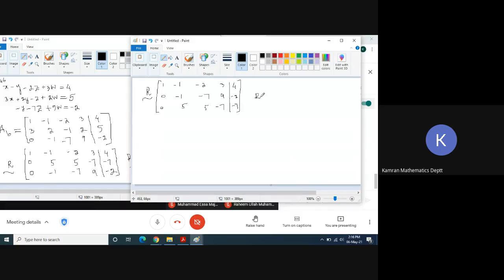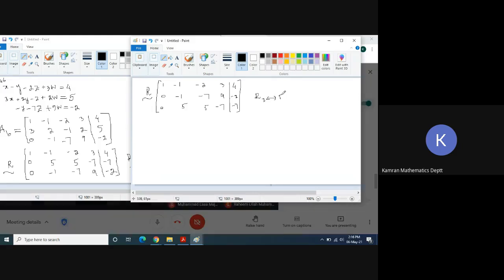R3 is interchanged with R2, and also minus 1 times R2 now.